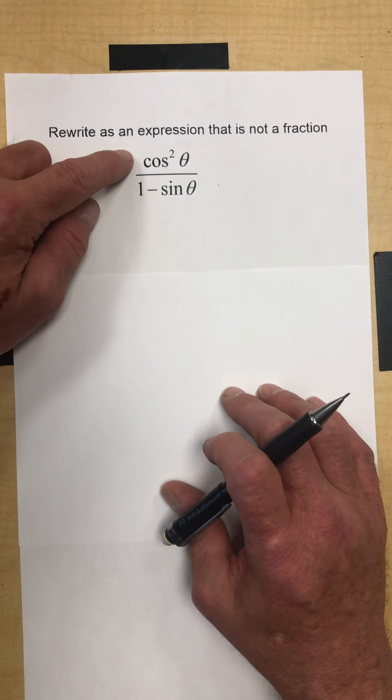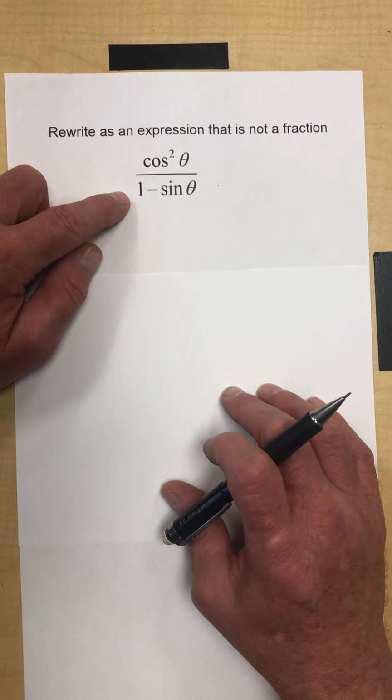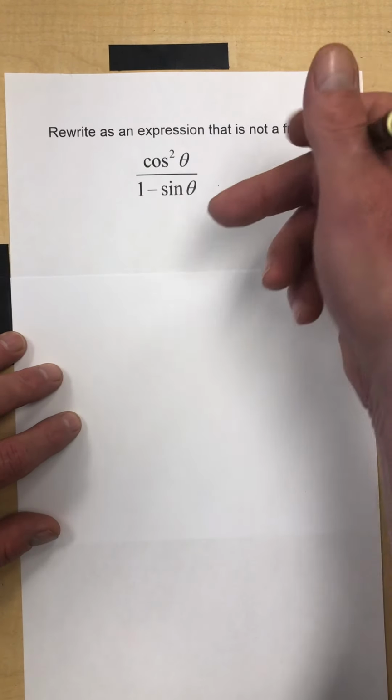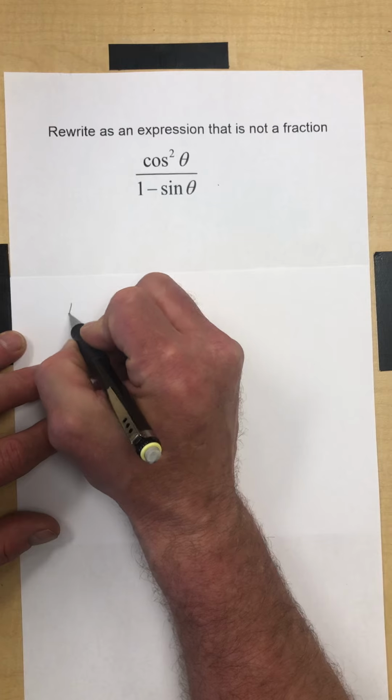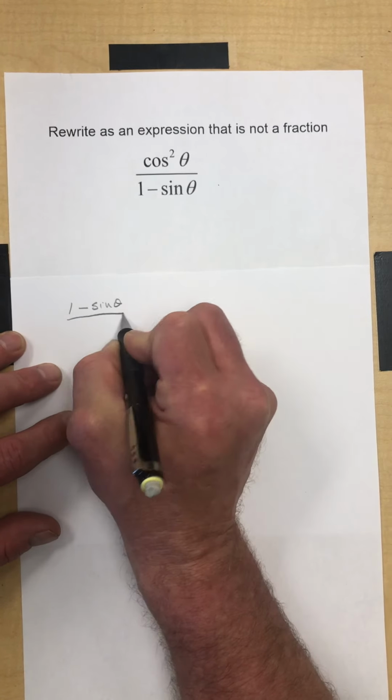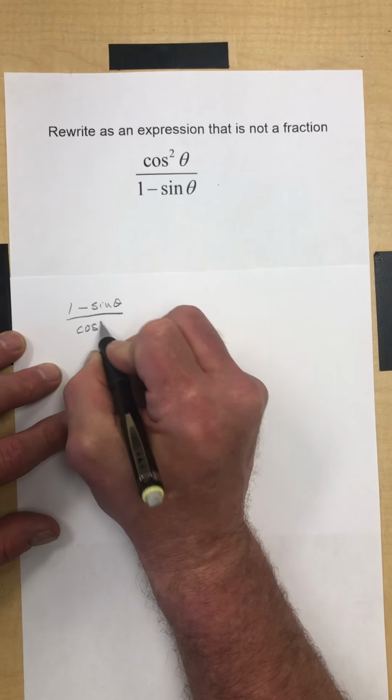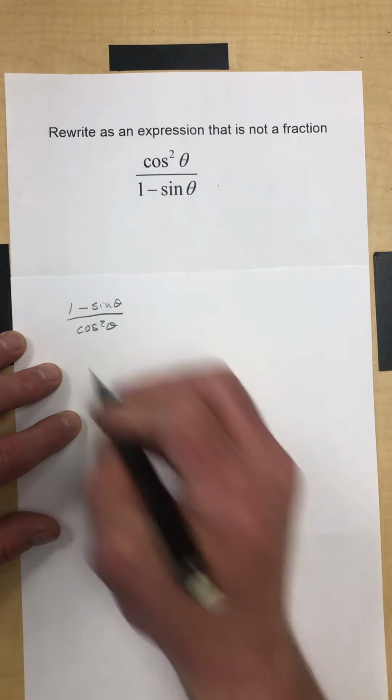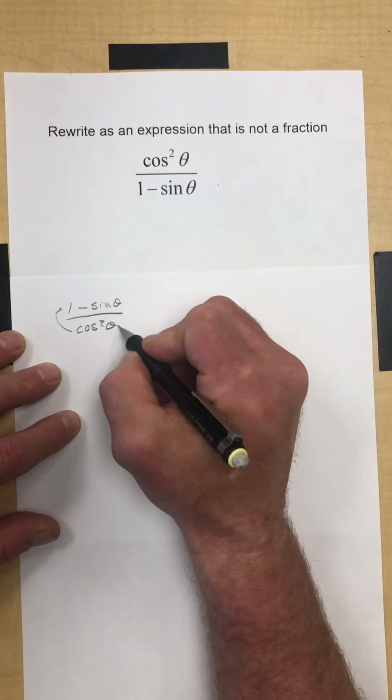Notice that the numerator is a monomial and the denominator is a binomial. Now, if it was the other way around, like 1 minus sine theta all over cosine squared theta, the very first thing I would do is distribute that division.